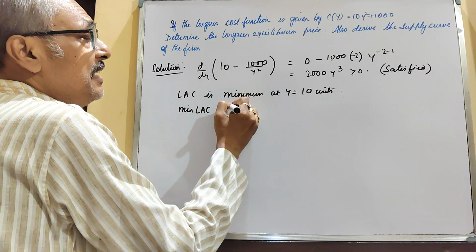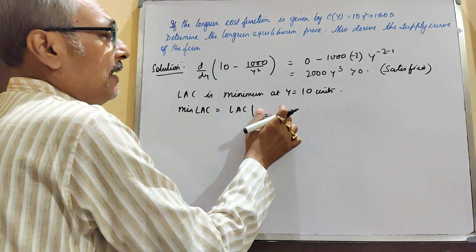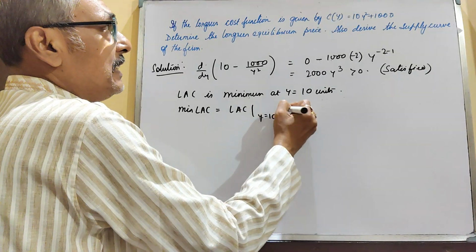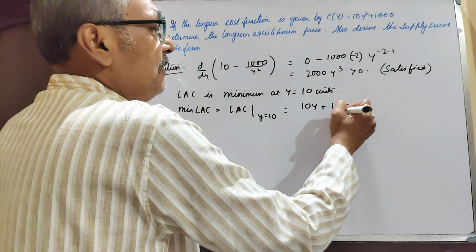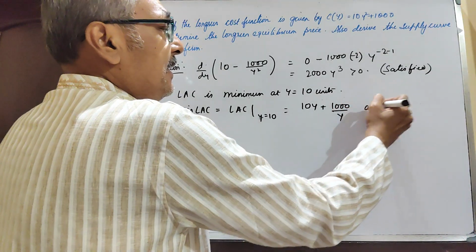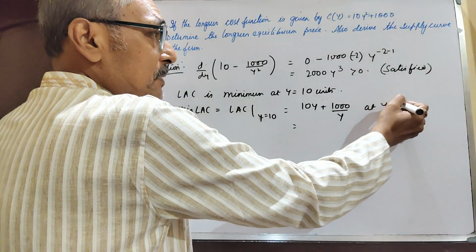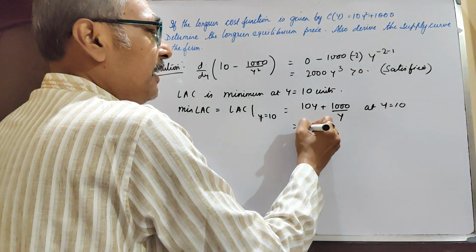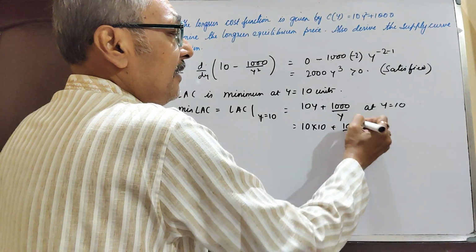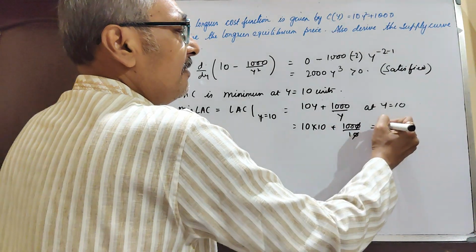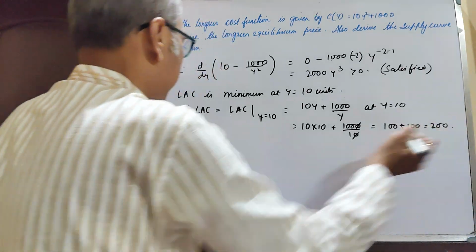Minimum LAC is LAC at y equals 10. This is 10y plus 1000 divided by y at y equals 10. In place of y, I am substituting the value of 10. 10 into 10 plus 1000 divided by 10. This is 100, this is 100. That is 100 plus 100 equals 200.